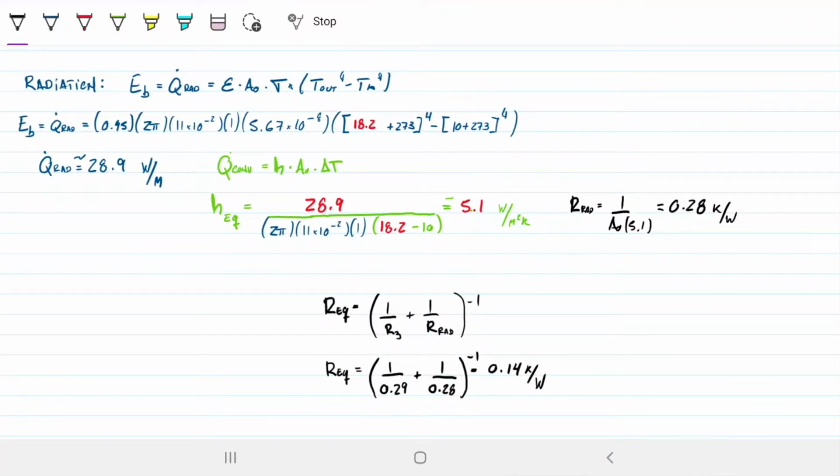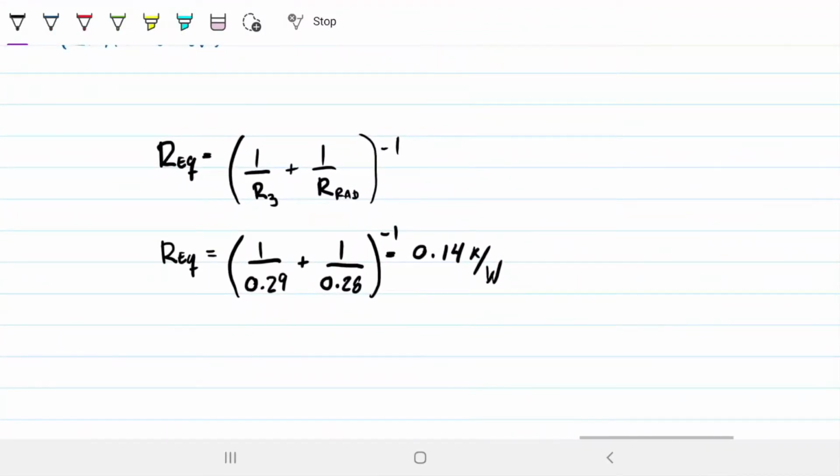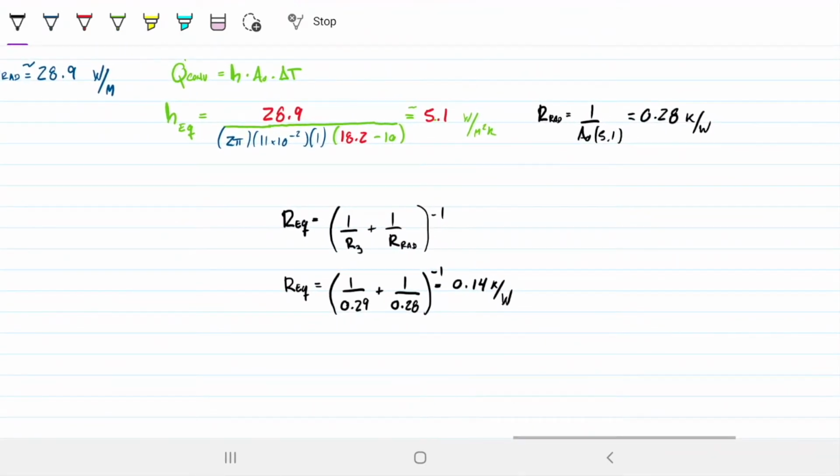Now, when we change these values here, I would have a 0.28 again here, so it'll give me 0.14 again, which means that the whole thing is going to converge to the same value. And that means that whatever we found before is correct.